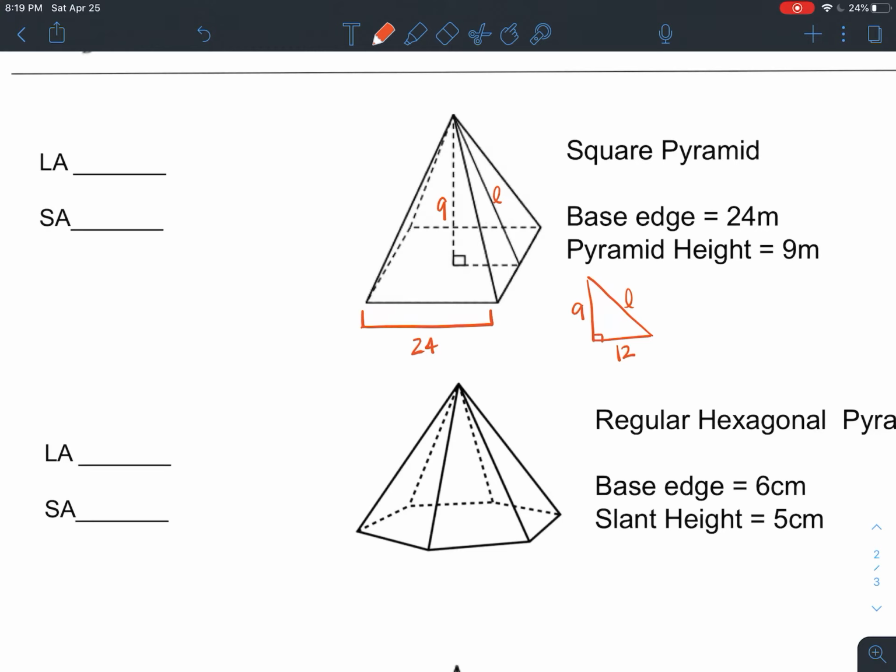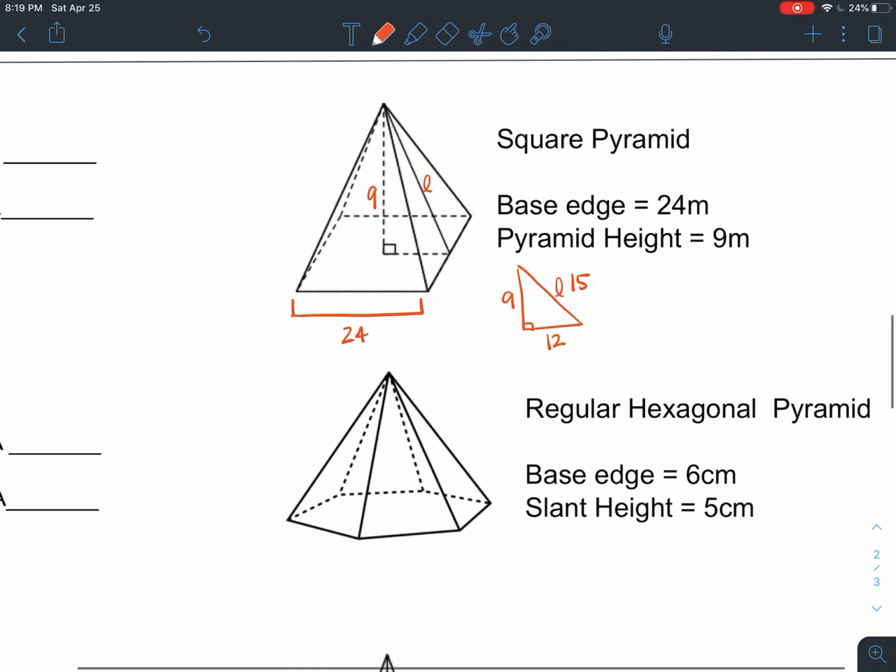When I take the square root of that, it gives me 15, which is a variation on a 3, 4, 5 triangle. It's all of them just multiplied by 3. So my slant height is 15.